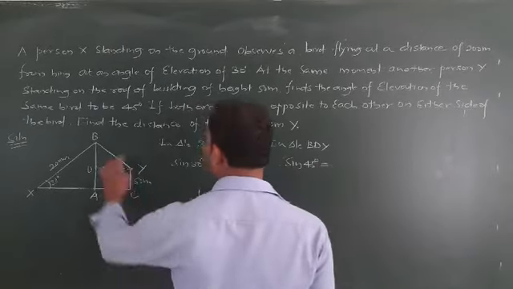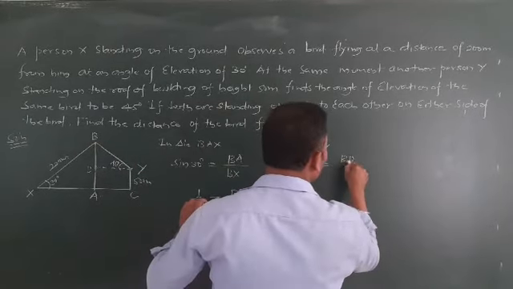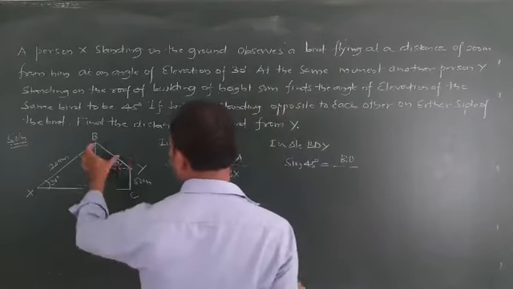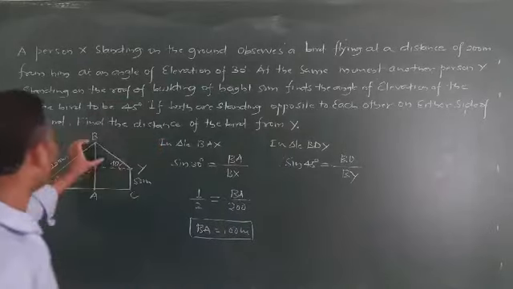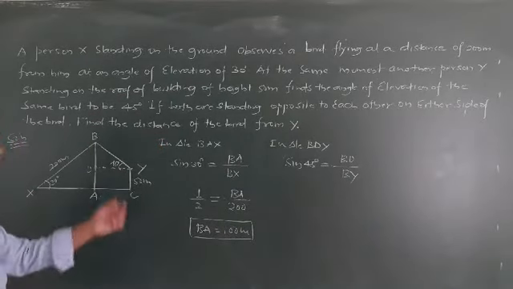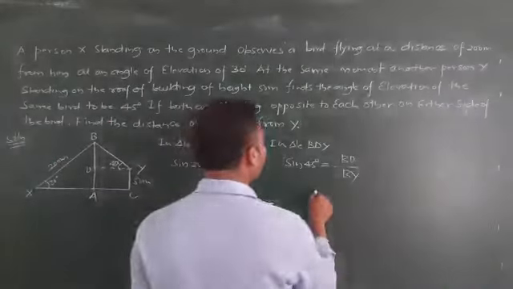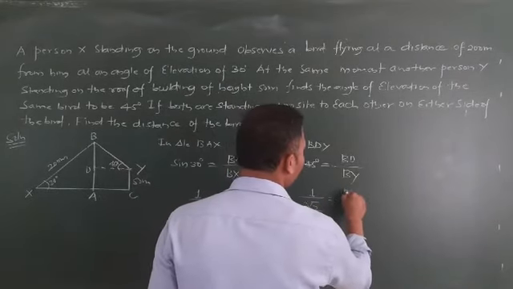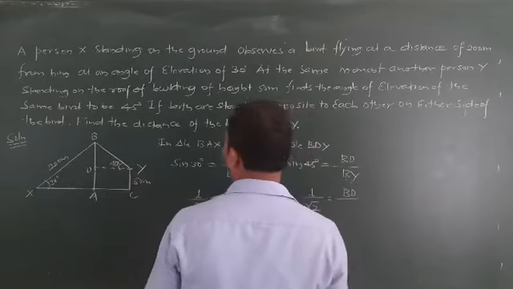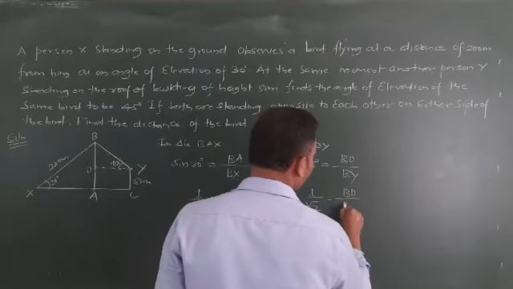Now we can say that it is BD by BY. Okay, opposite by hypotenuse, BD by BY. Now sine of 45 is nothing but 1 by root of 2. Now BD can keep as it is, and BY also can keep as it is.